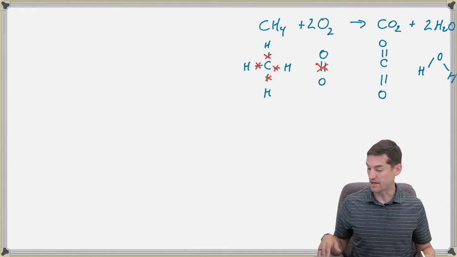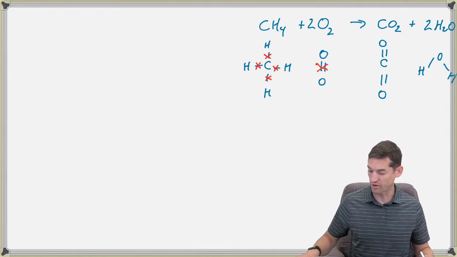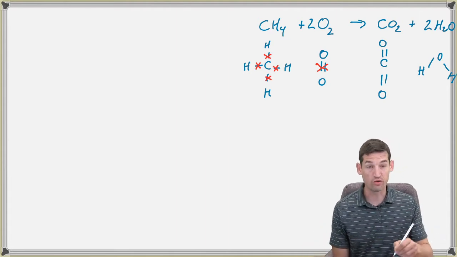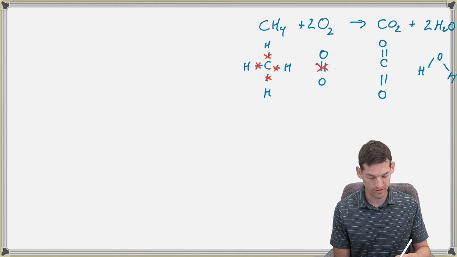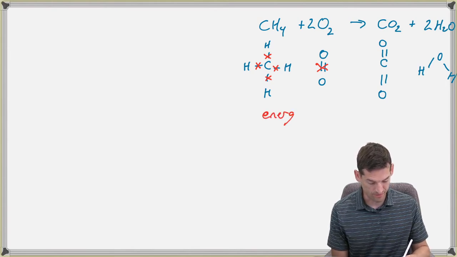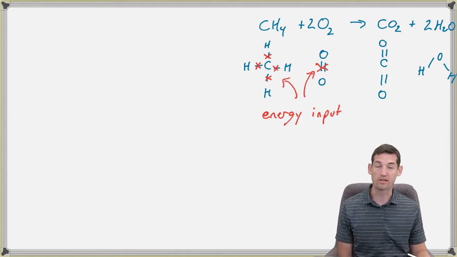Okay. Now, in your notes, you'll notice it says that breaking chemical bonds requires energy to be added. So in order to break these chemical bonds, I have an energy input. So energy has to go in order to break those chemical bonds.